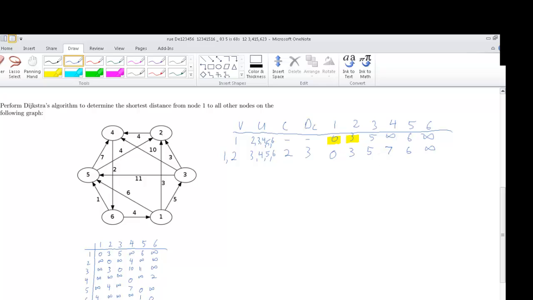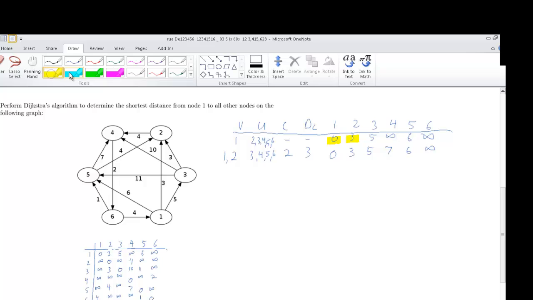I looked at 2, and 2 cannot go to 3. Therefore, 5 is the shortest distance. 2 can go to 4, so the distance to 4 is going to be 3 plus 4, which is 7. 6 carries down, and the infinity carries down.